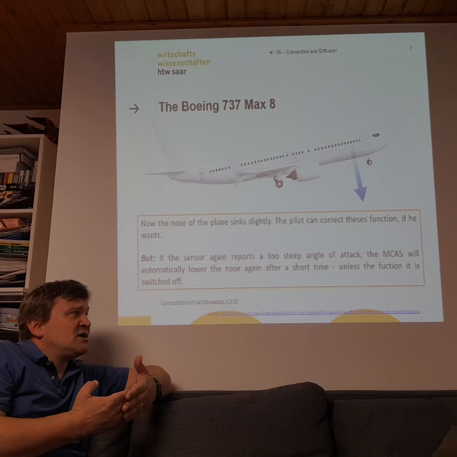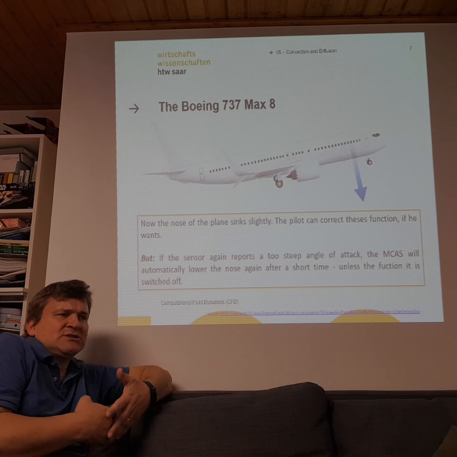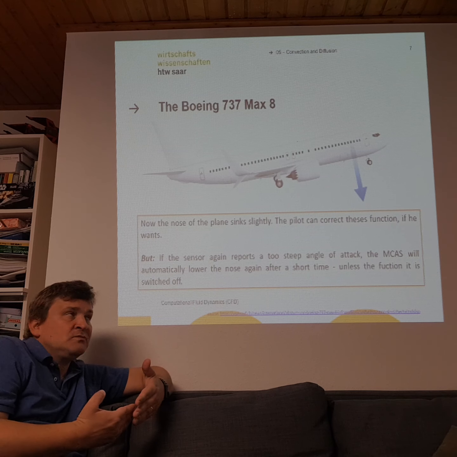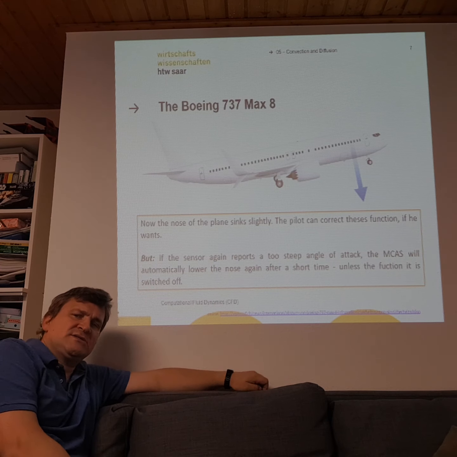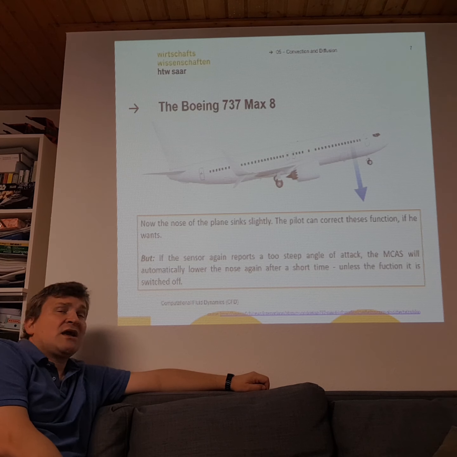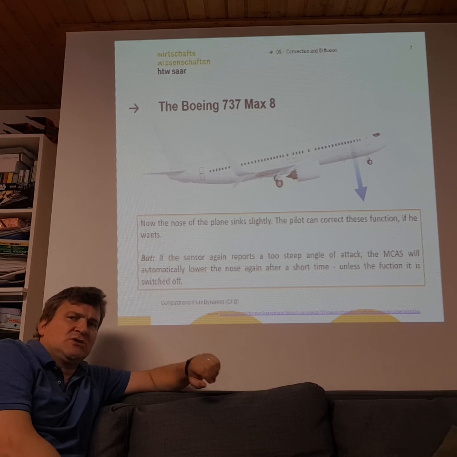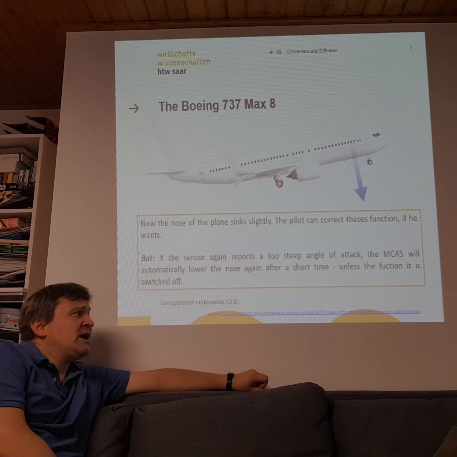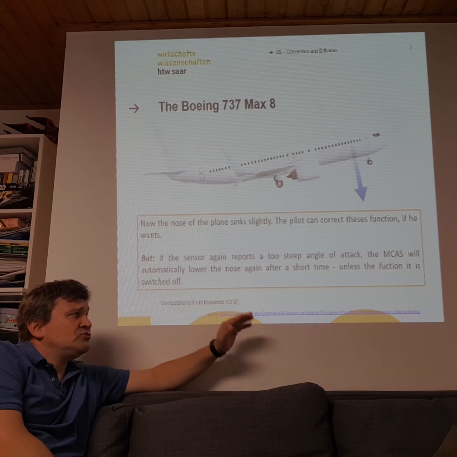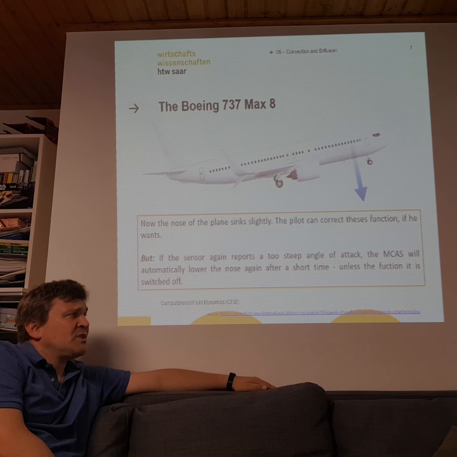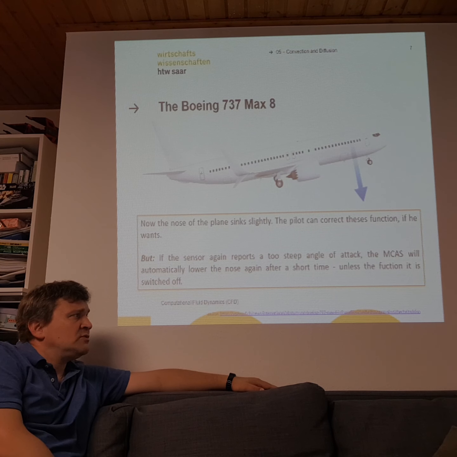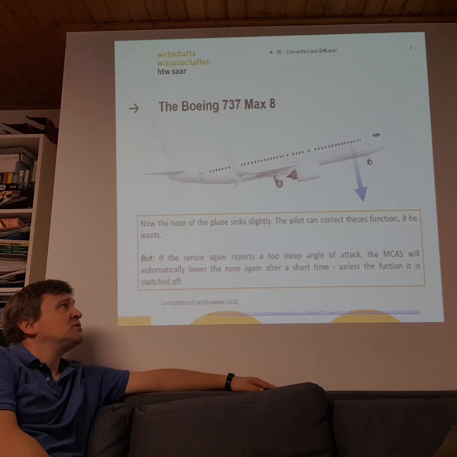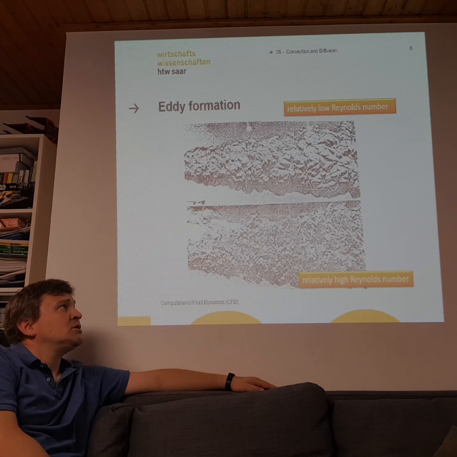So the software function tried to push down the nose always, even if the angle of attack was not over 15 degrees, and so two big accidents happened with this model.